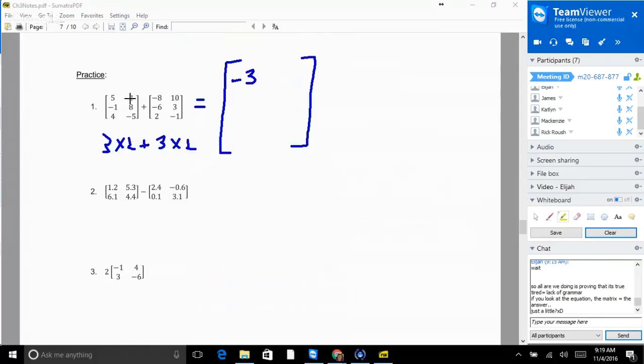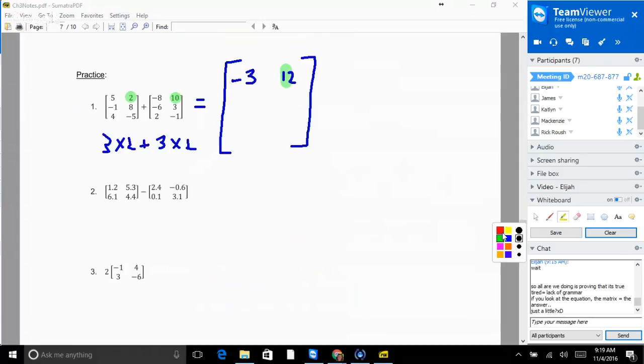Then we're going to do the first row, second column. Okay, so the first row, second column is 2 plus 10. So that's 12. That's 12, right?